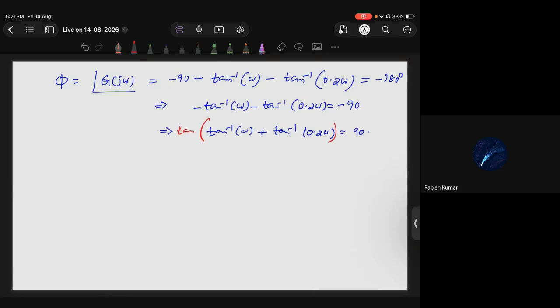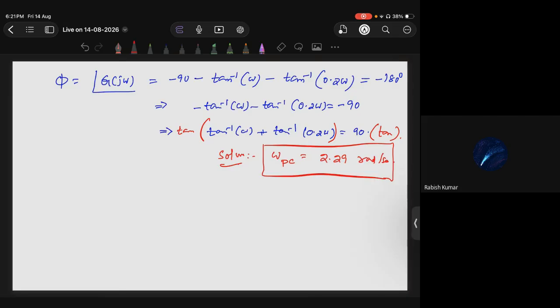You can take tan on both sides, then apply it and solve for omega, which is omega PC. I'm not showing all that calculation, but you will get 2.29 radian per second. That is the phase crossover frequency. Hope this is clear.